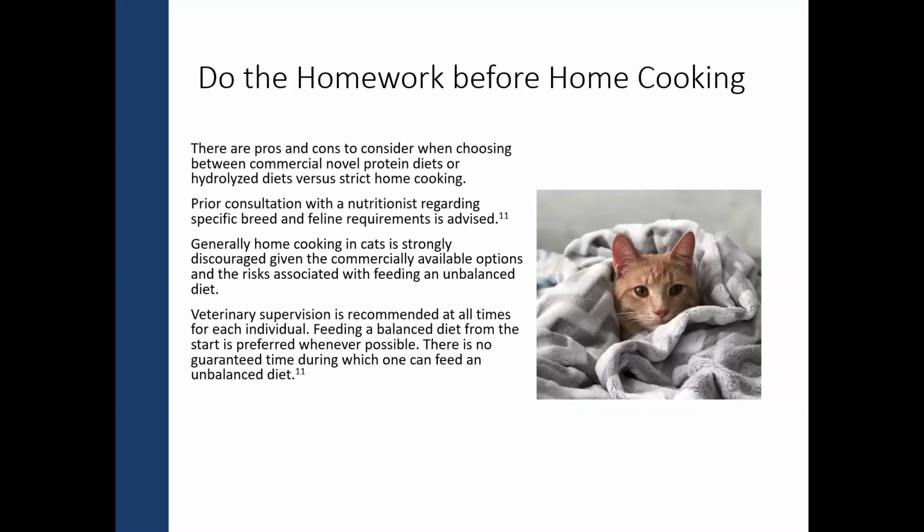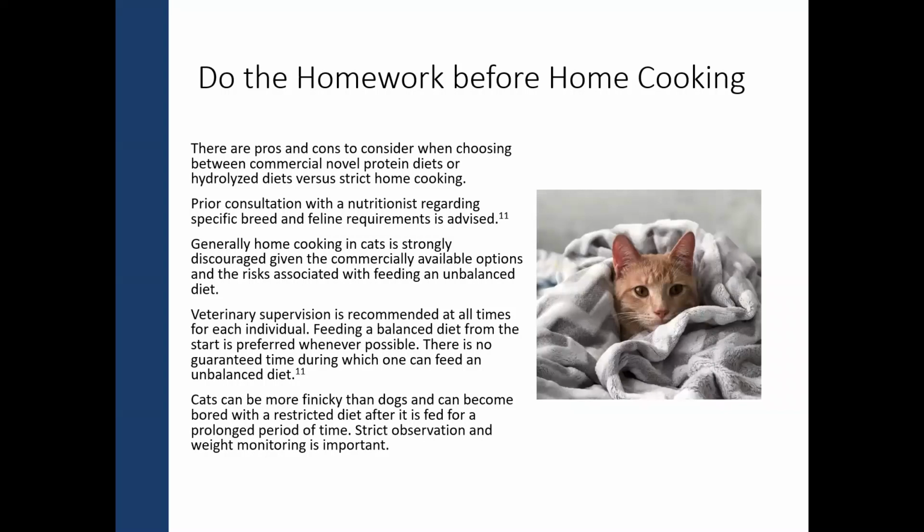This is a conundrum. The gold standard for a dietary elimination diet would be home cooking, but we don't know how long a pet can eat that unbalanced home-cooked diet and still be safe. So each individual patient needs to be looked at to decide what is appropriate for them and their household.